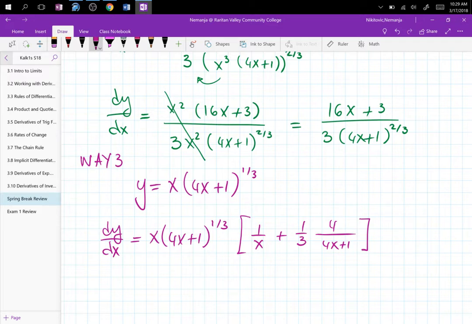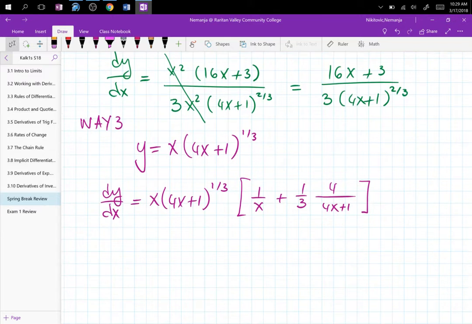Now, you might be wondering if this answer is the same as the one we have up there, and the answer is yes, it has to be. Just need to do some algebra to show that, but it must be. The only algebra that you can do in this state is to get the common denominator in this bracket here and get it to work together.